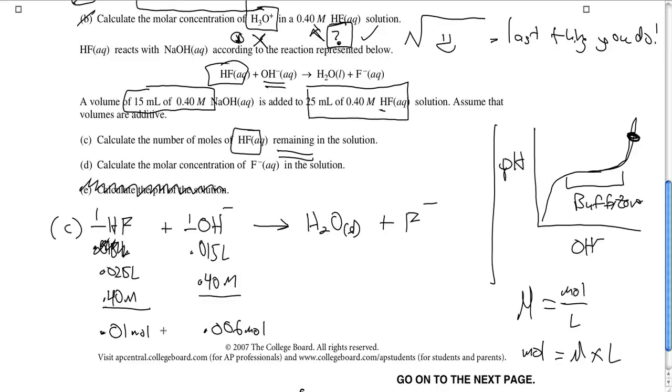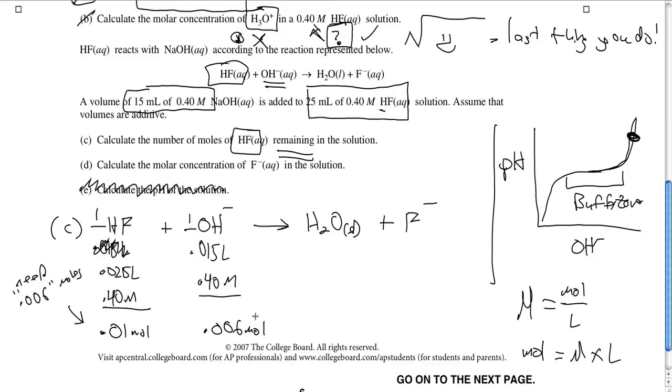So I'm going to have some moles of HF remaining. If they're reacting in a 1-to-1 ratio, I only need 0.006 moles here.